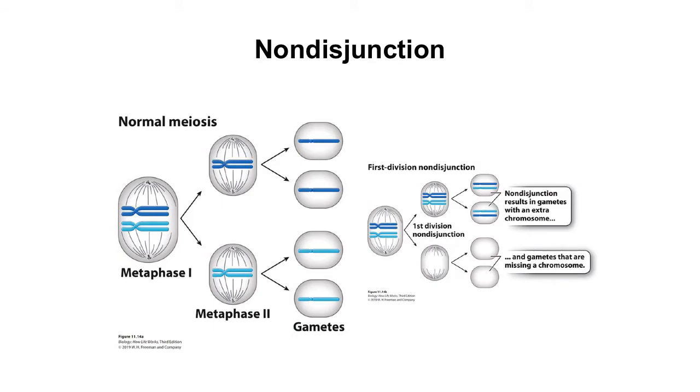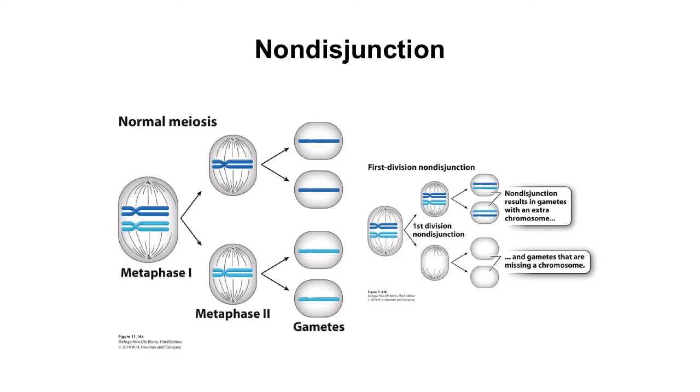So what is non-disjunction? Non-disjunction is a form of error in the process of meiosis, which can lead to cells with either extra or missing chromosomes. Specifically, non-disjunction is the failure of a pair of chromosomes, remember those bivalents that are separating during metaphase 1, or even failure during metaphase 2, to separate during anaphase of cell division.